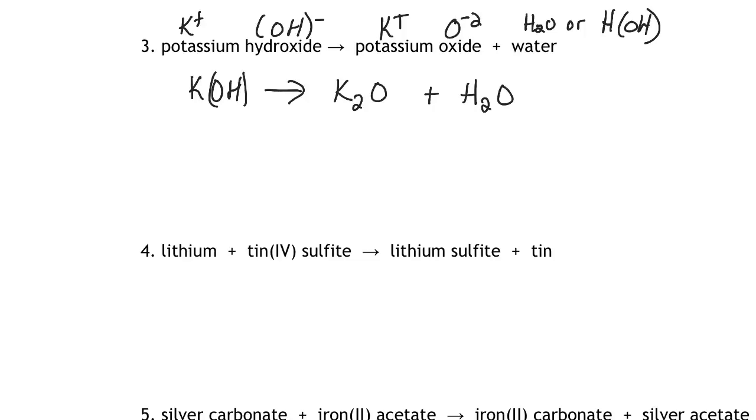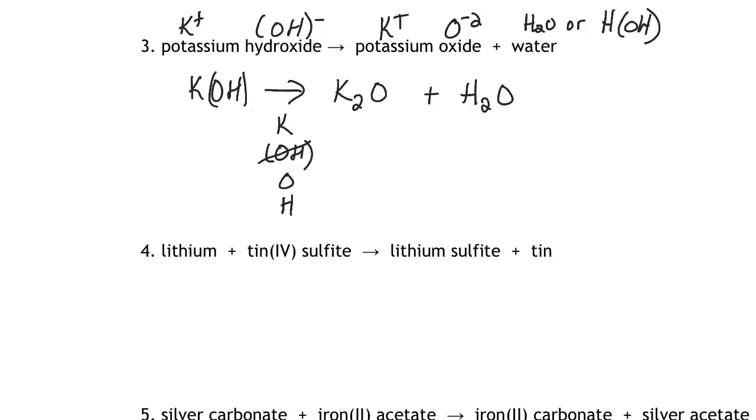To balance this reaction, I'm going to write my elements down. If I look at this side, I've got OH, a polyatomic ion, on the reactant side. I don't have that listed on the other side. So typically what I'll do is say, nope, I'm not going to use the polyatomic ion. Instead, I'm just going to keep track of my oxygen and my hydrogen.